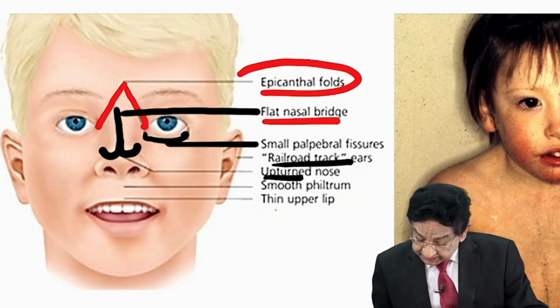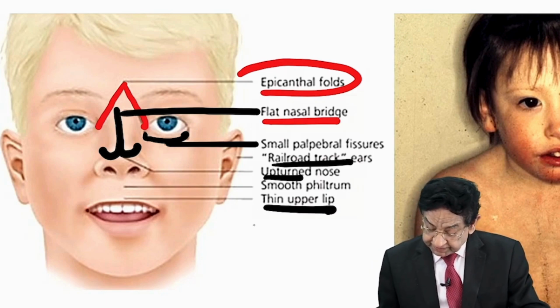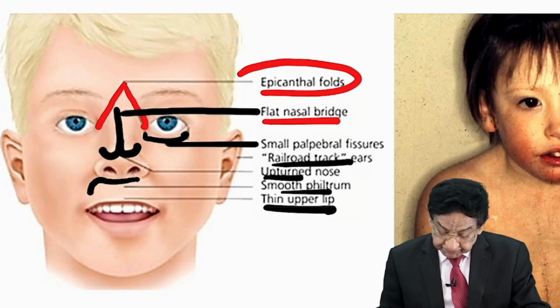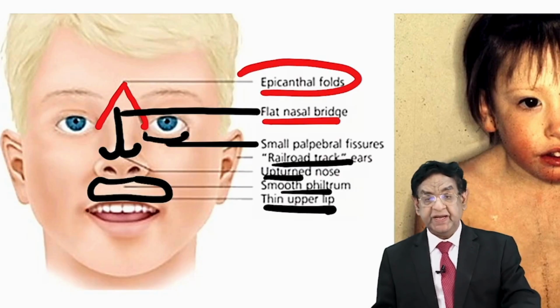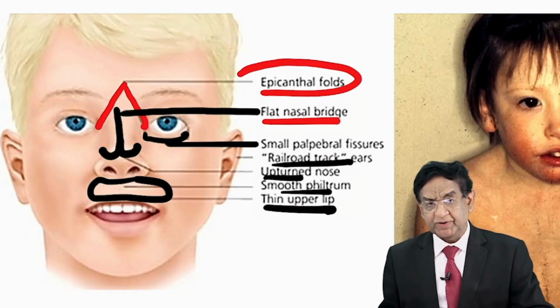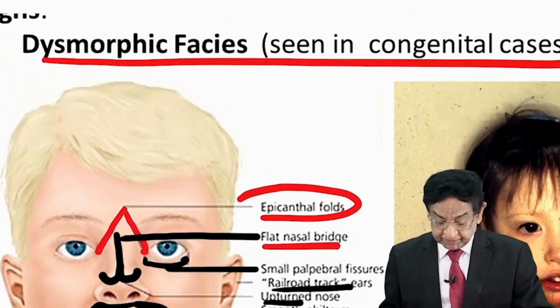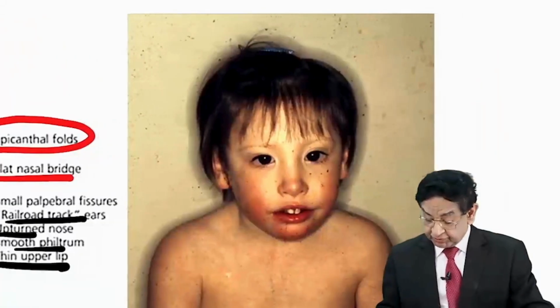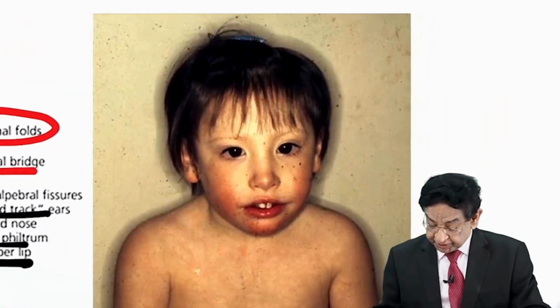Then thin lips, the lips are very thin, and a small, smooth philtrum, the place where we have mustaches in adults. This is typically what we call dysmorphic faces. This was a picture, and now you can see what I wanted to convey.